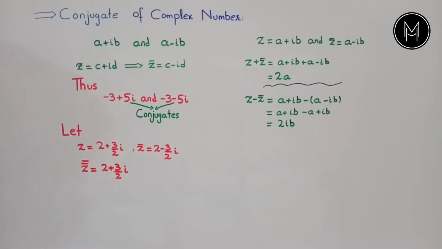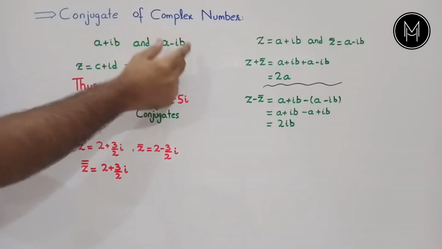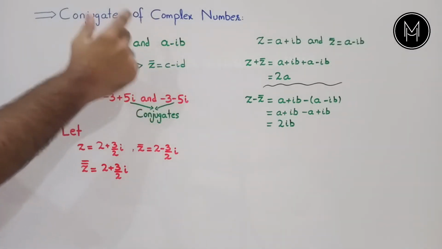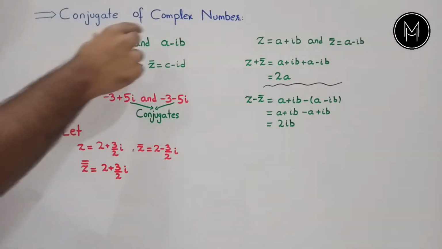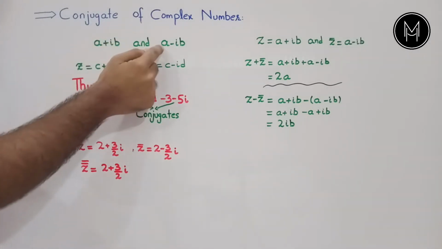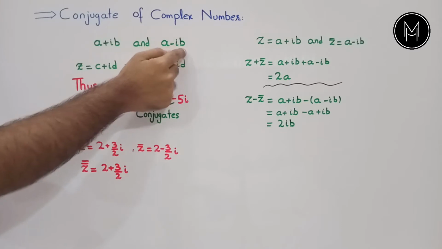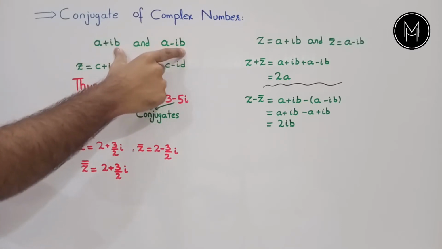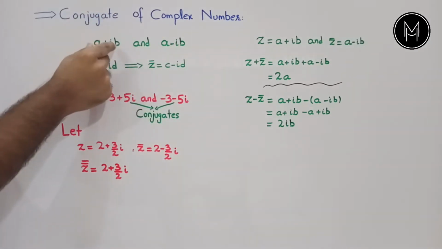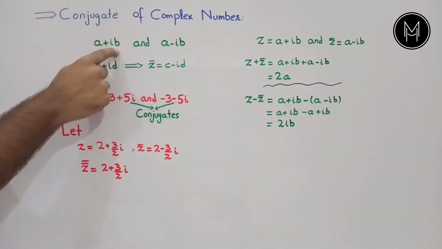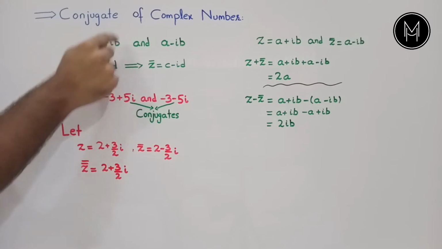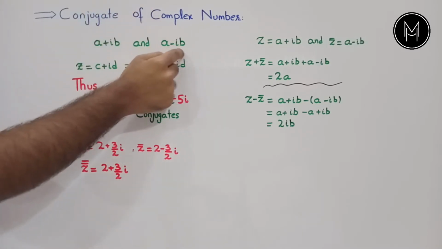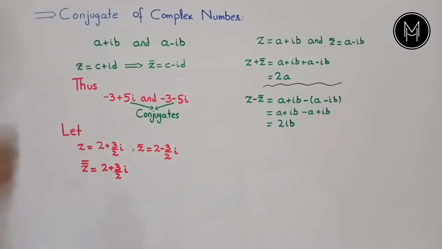In other words, a plus ib and a minus ib are conjugates of each other, as they have the same real parts and the same imaginary parts, but the imaginary parts are opposite in sign. You can see the first complex number has the positive imaginary part and its conjugate has the negative imaginary part. So these two are conjugates of each other.